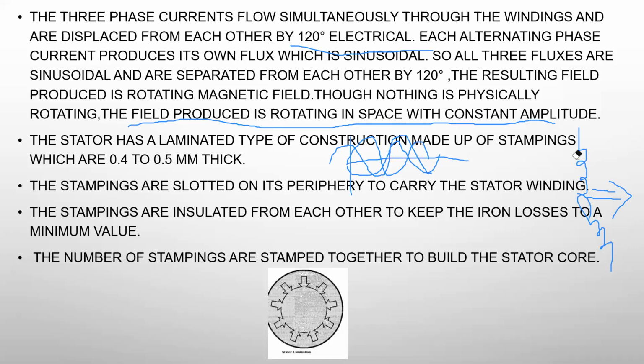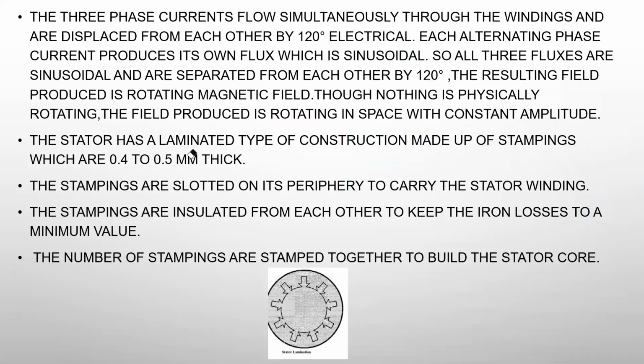Now, the stator has a laminated type of construction. We have seen in that video how the stampings are made, and they are of 0.4 to 0.5 mm thickness. The stampings are slotted, as we have seen in that video. The slots carry the stator winding.